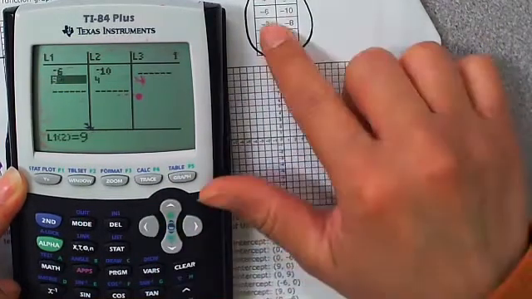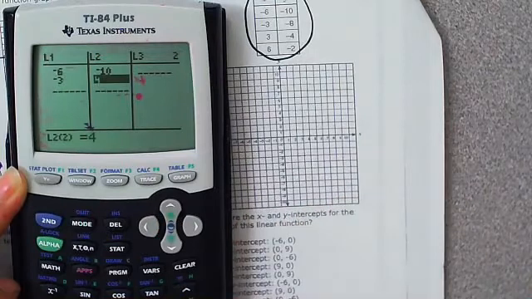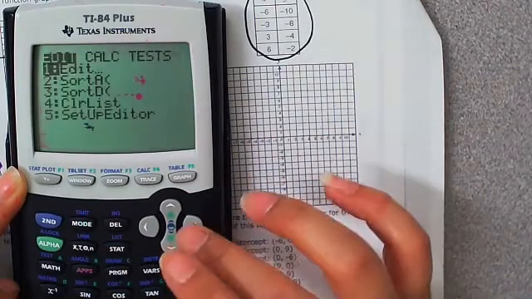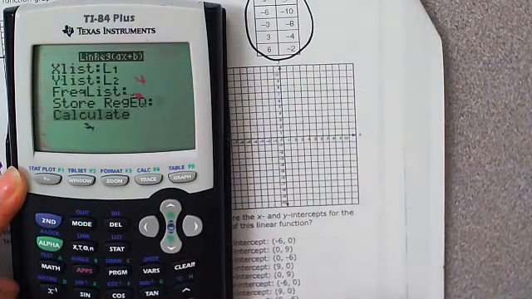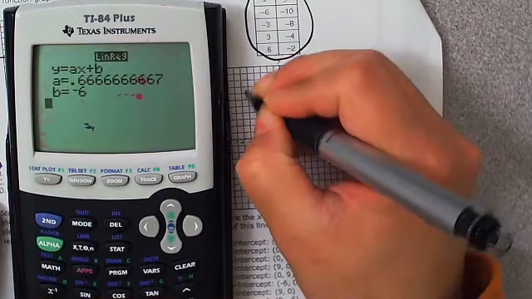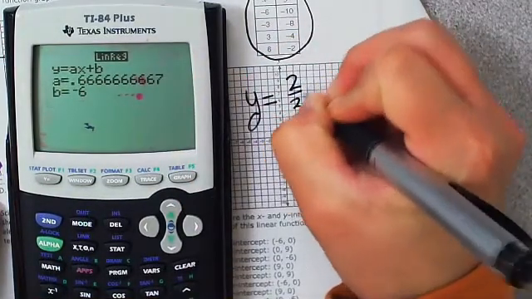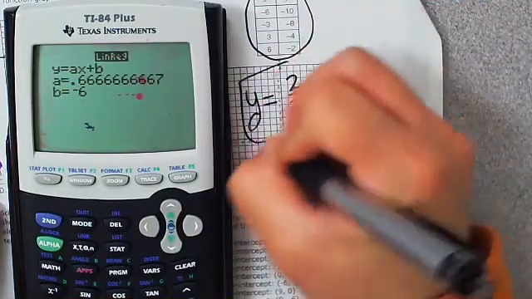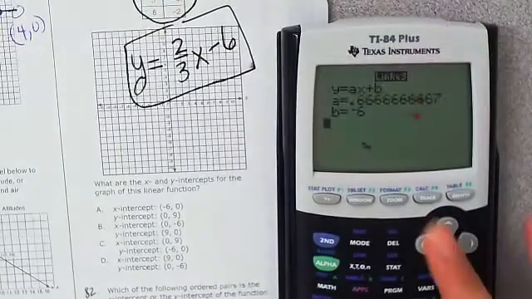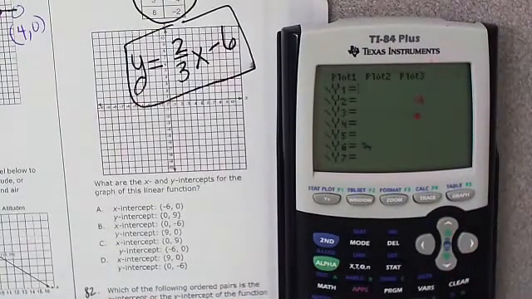And in fact, you only need 2 of the numbers. -6 and -10 and -3 and -8. Stat, calc, for calc. The equation is y equals 0.6666, 2/3 x minus 6.